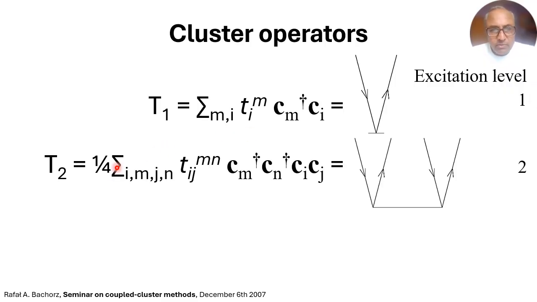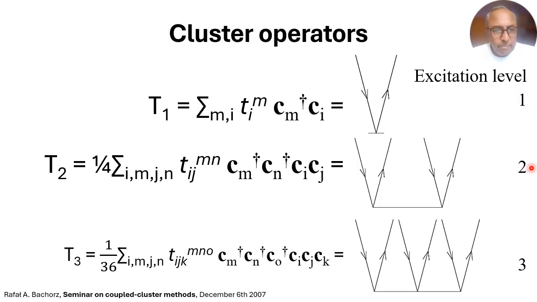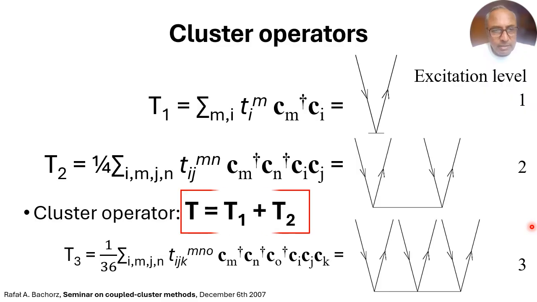T2 is given by one quarter sigma imjn t_ij^mn c_m† c_n† c_i c_j, or creation of 2 excitons and excitation level of +2. T3 is given by this, that is the creation of 3 excitons and excitation level of +3, but we won't need that. The cluster operator is then defined as T equals T1 plus T2.